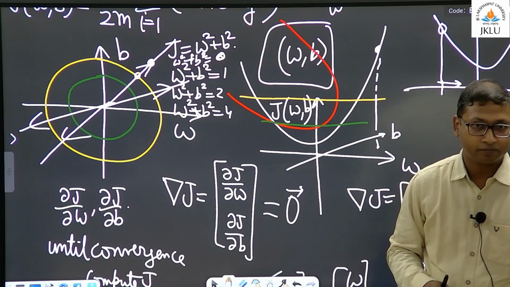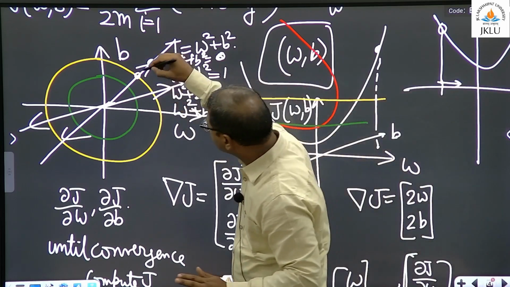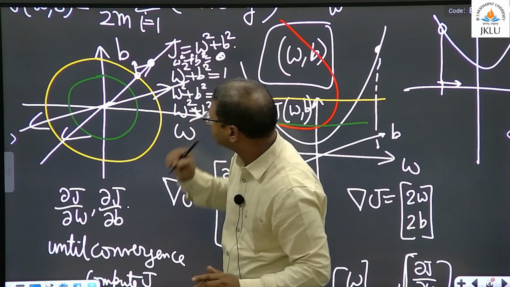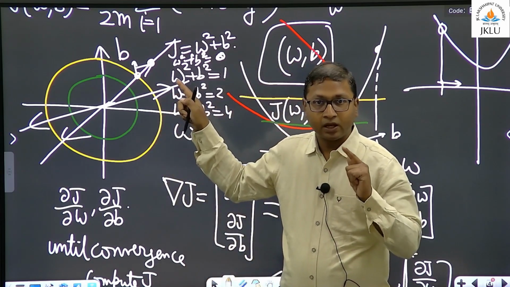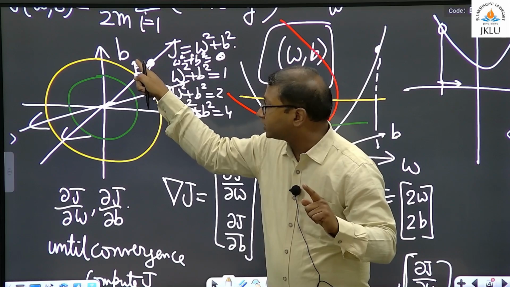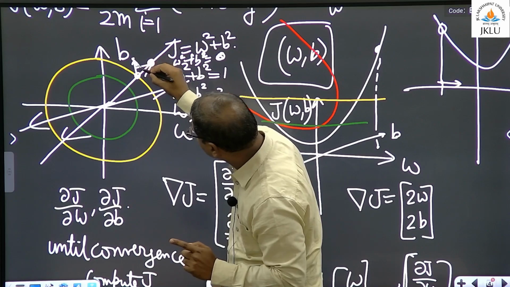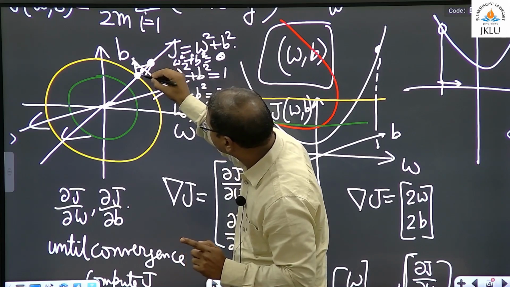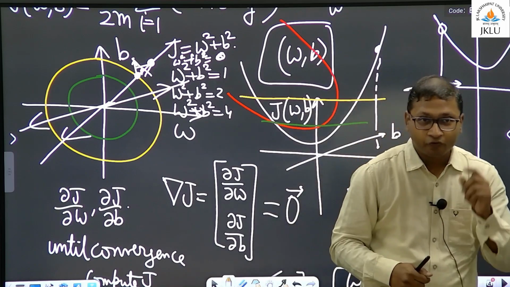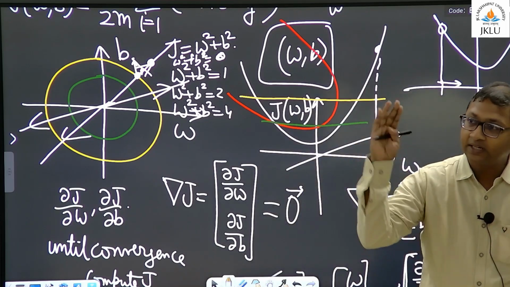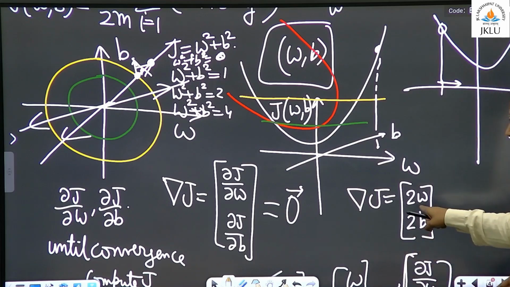No change, right? If I move in some direction like this, I had to walk this much, but if I go in this direction, I will have to just walk this much. So which is the direction of the steepest increase in function? Gradient.